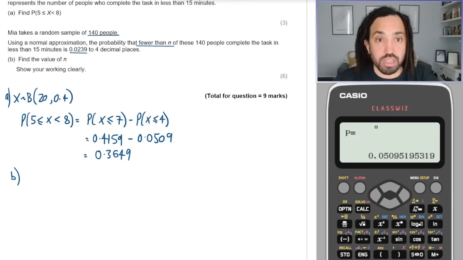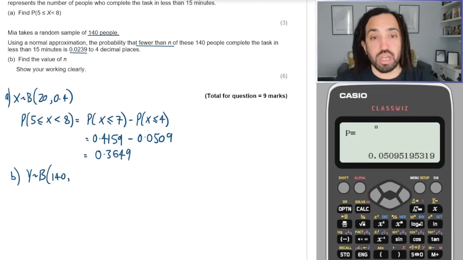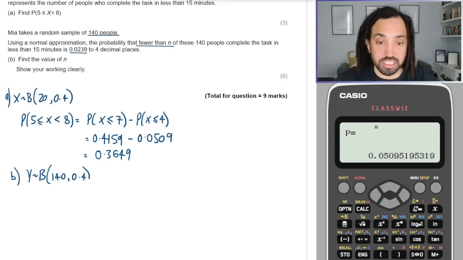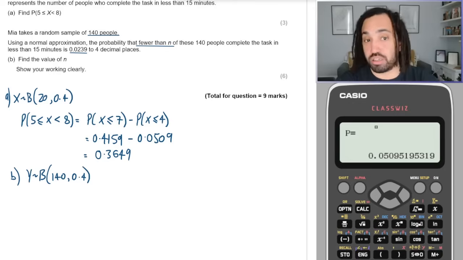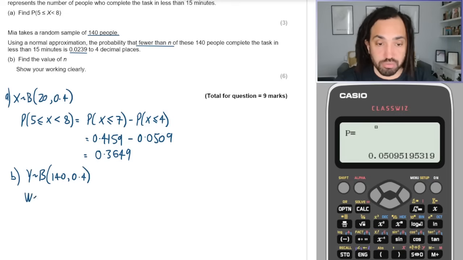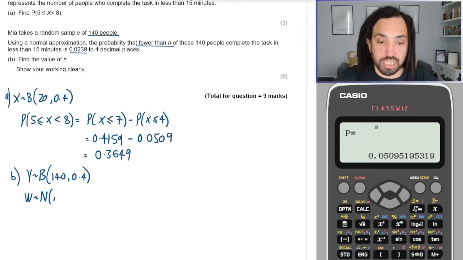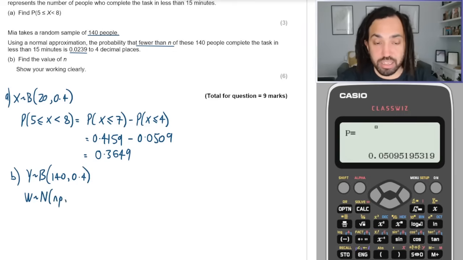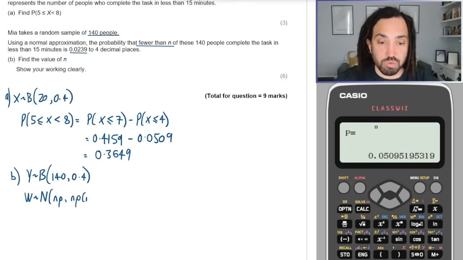So the binomial distribution that we would want to set up would be 140 people, and again the probability of success is the same as it was before, because it's the same task, in less than 15 minutes. So if I want to approximate that, then I can use a different distribution, let's just call it W, which is normally distributed, and the approximation formula is np for the mean, and np times 1 minus p for the variance.